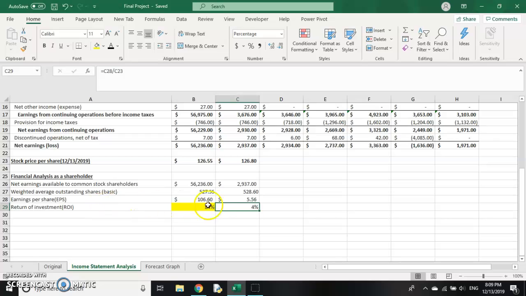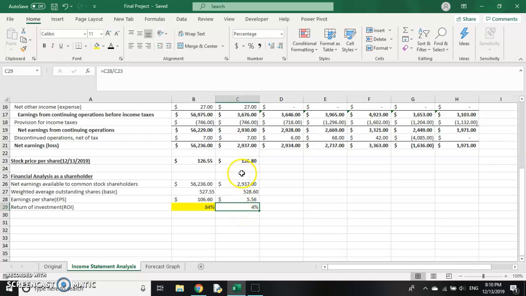What this number means is that for each dollar that I invest in Target, I will receive 4 cents in return. So I want this number to be at least 10% to be optimistic. And I want to talk a little bit about how I got this number.